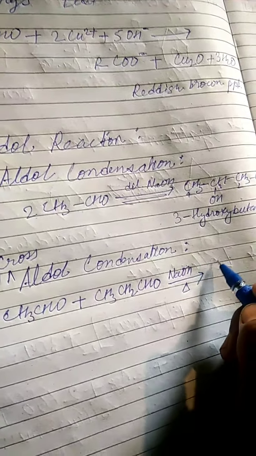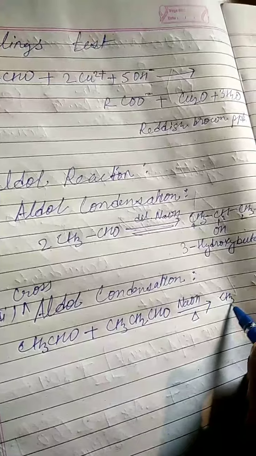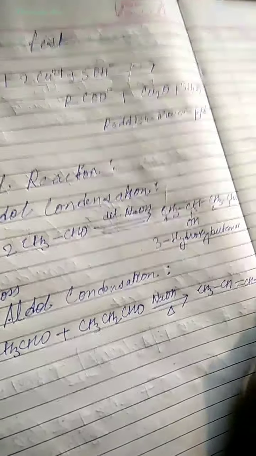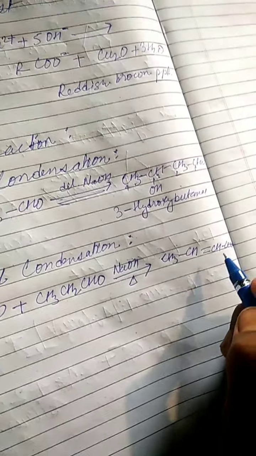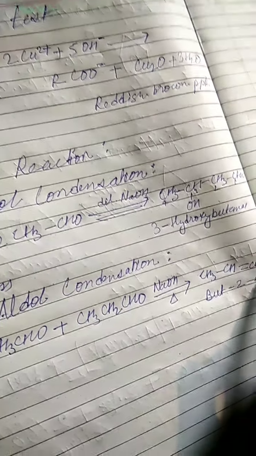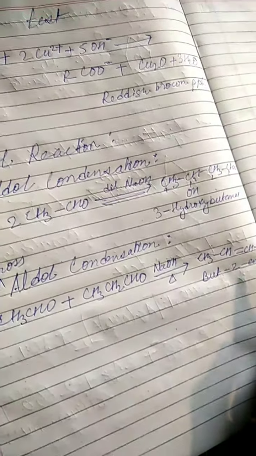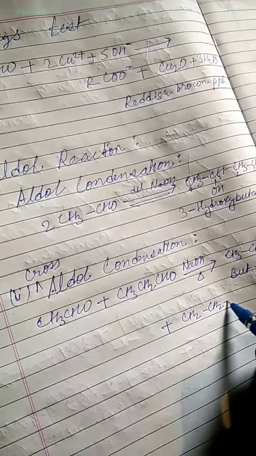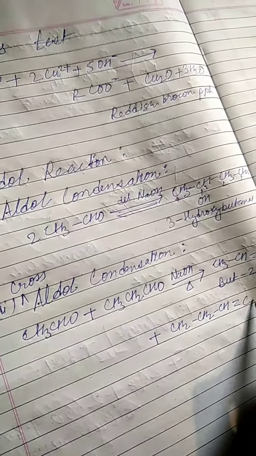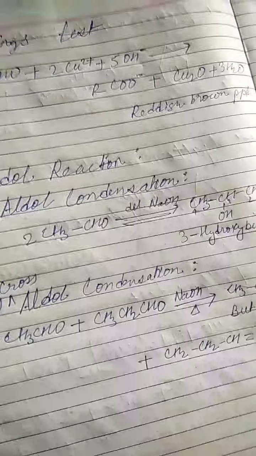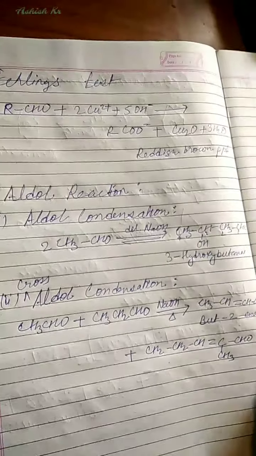Then on reaction it will give CH3CH=CHCHO, which is butenal, and one more product is formed in this reaction, which is CH3CH2CH=C(CH3)CHO. So this is the cross aldol reaction.